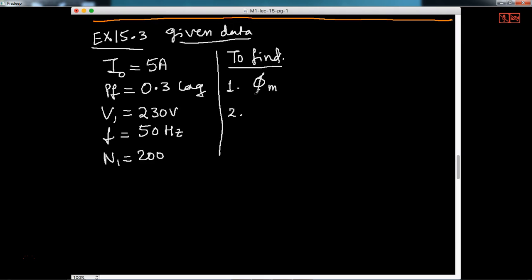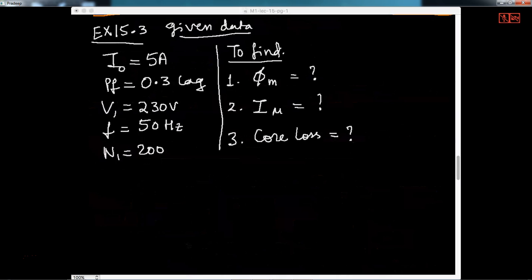Second, the magnetizing current, I mu. And third, the core loss. So again, just take a couple of minutes, and you can try this problem and find these values.